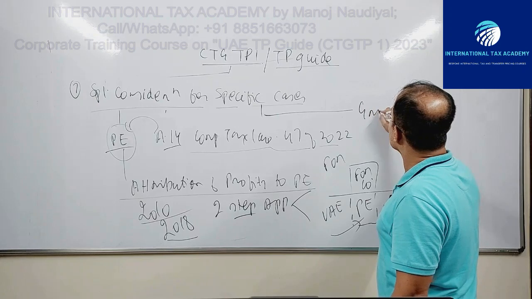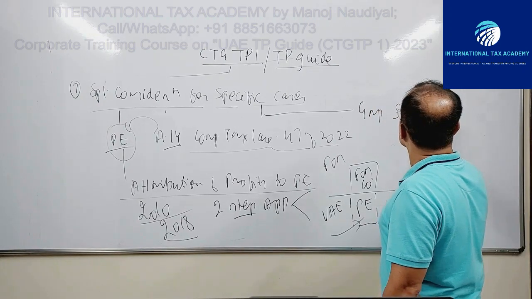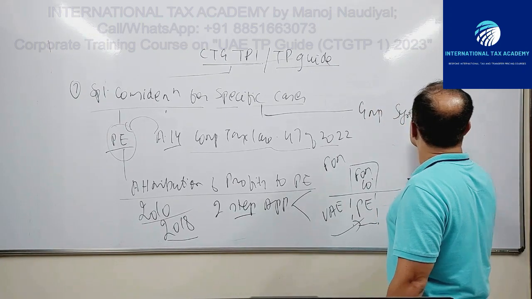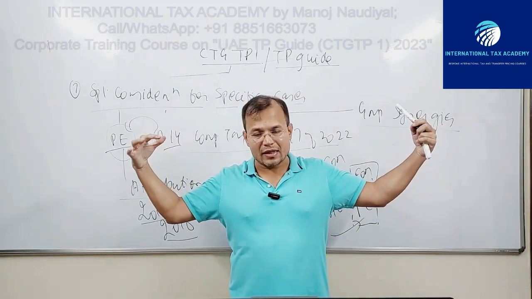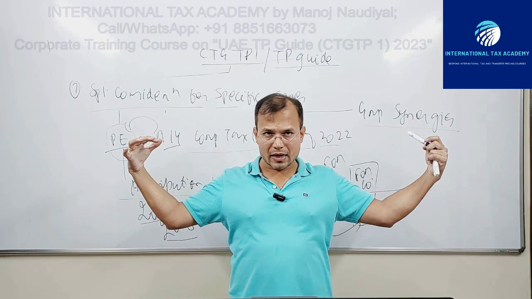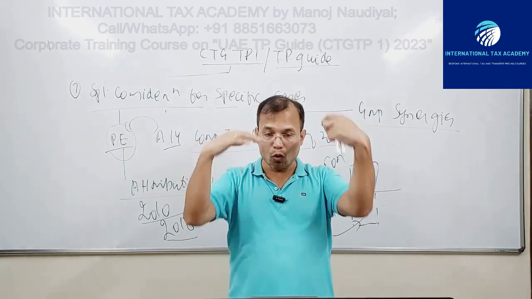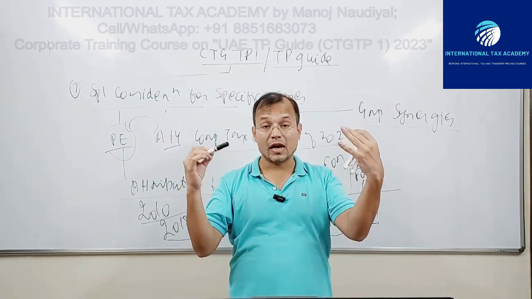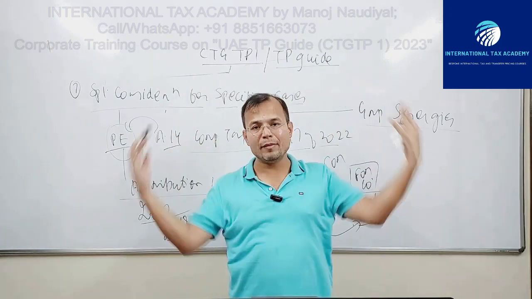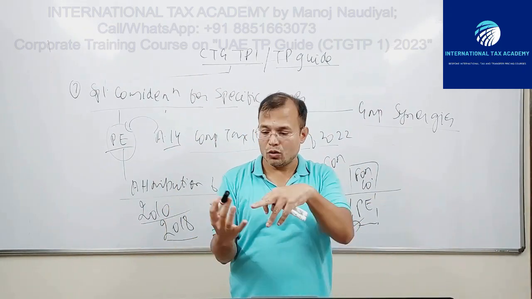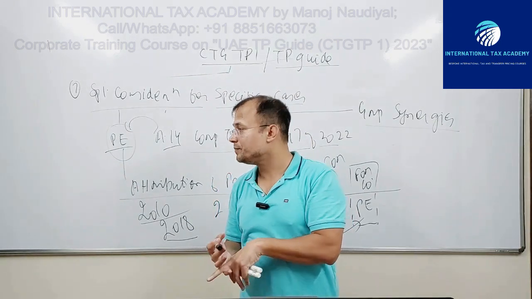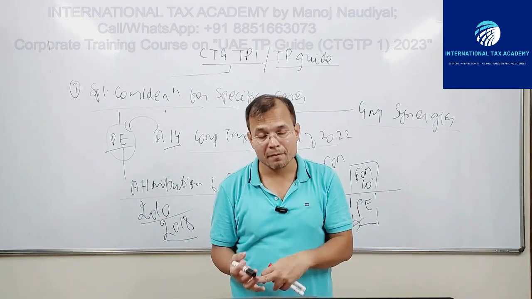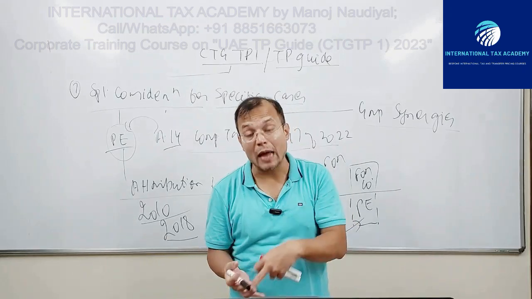Then you have group synergies. MNEs are an integrated part of a whole. They are economically integrated units, many MNEs in one MNE group. So they achieve economies of scale, management efficiencies, centralized procurement, and IP management.